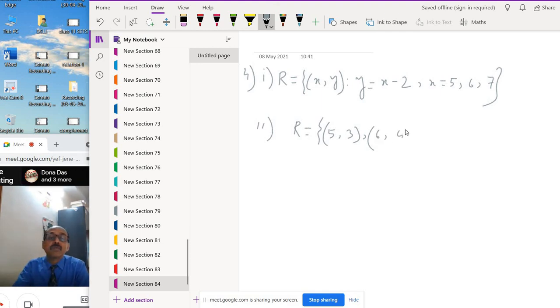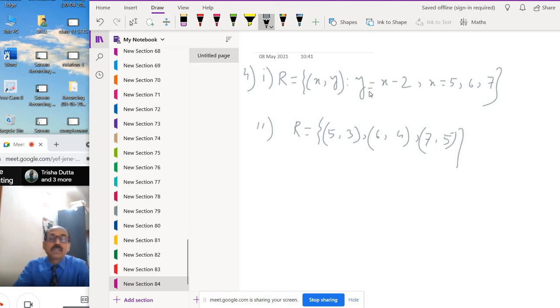Then 7, 5. This is the roster form: 5, 3, 6, 4, 7, 5.